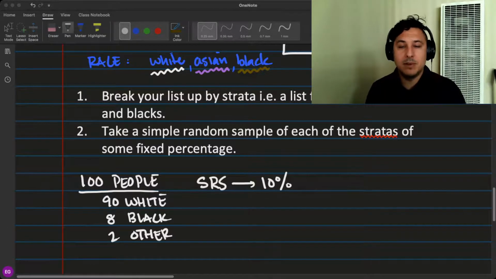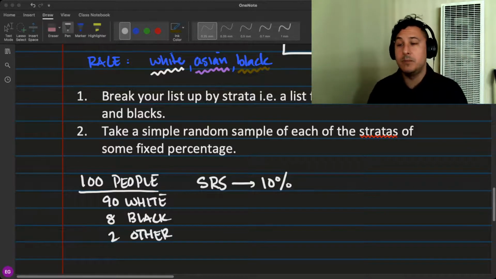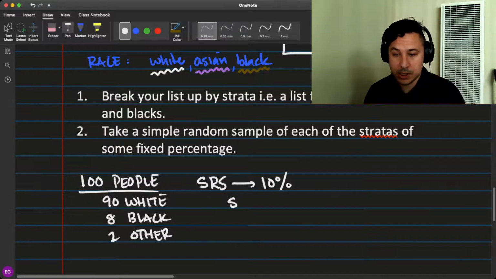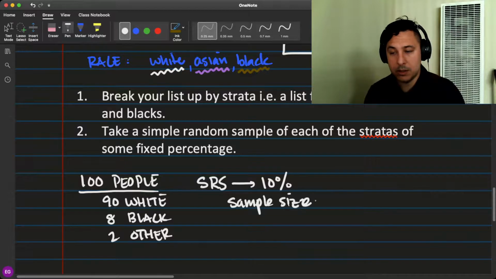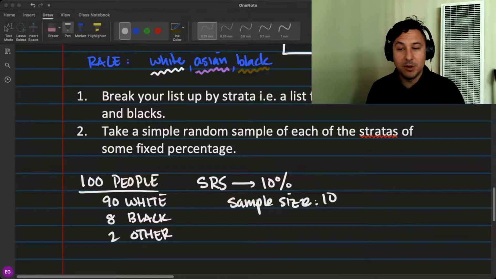How many white people are you probably going to get in your sample? So you have 100 people to choose from and you're going to get 10% of them. So how many people do you end up with in your sample? Cool. So you're going to have 10 people. Now, of those 10 people, how many are probably going to be white?